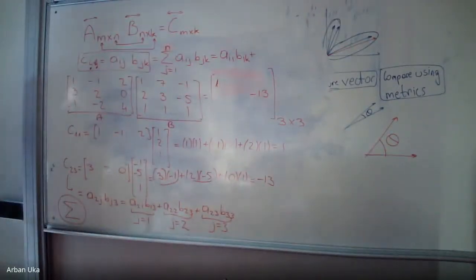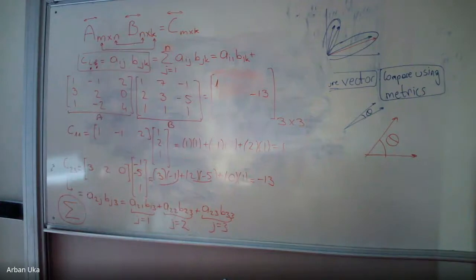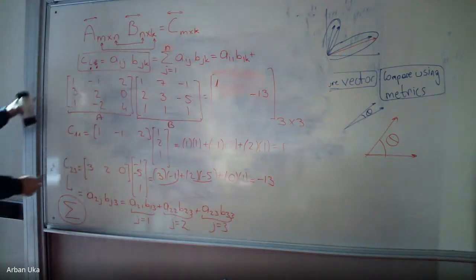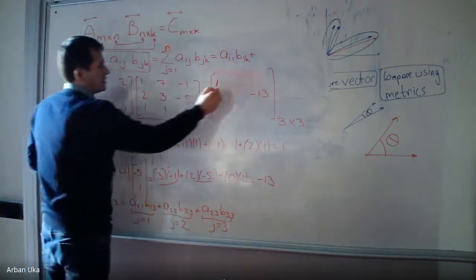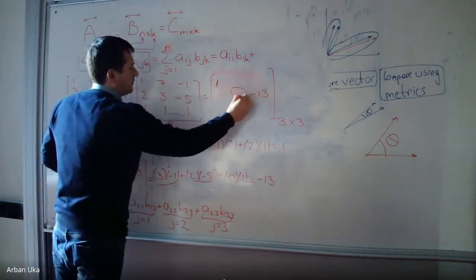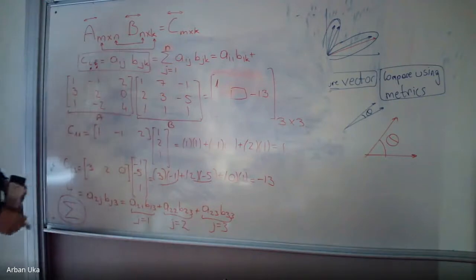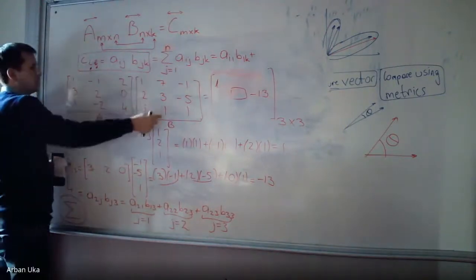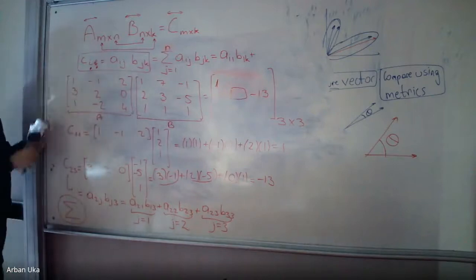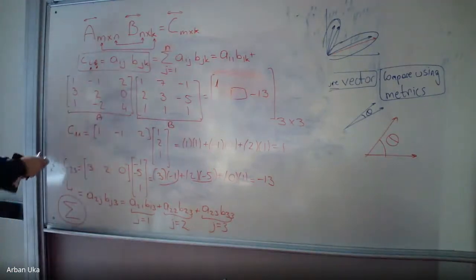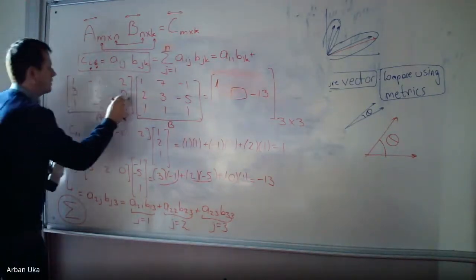And now, let's check again. We can follow the pattern again and multiply these values. For example, let's find this element here, which is C22. It should include the second row with the second column. What happens then is that we need to look at this row.